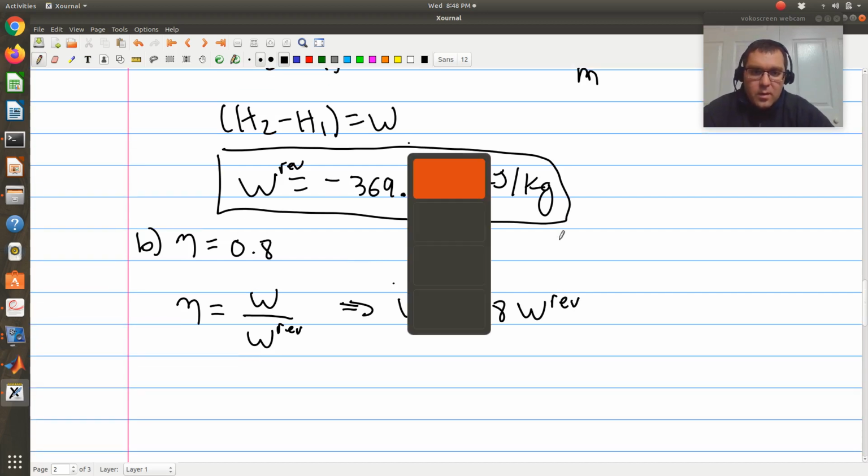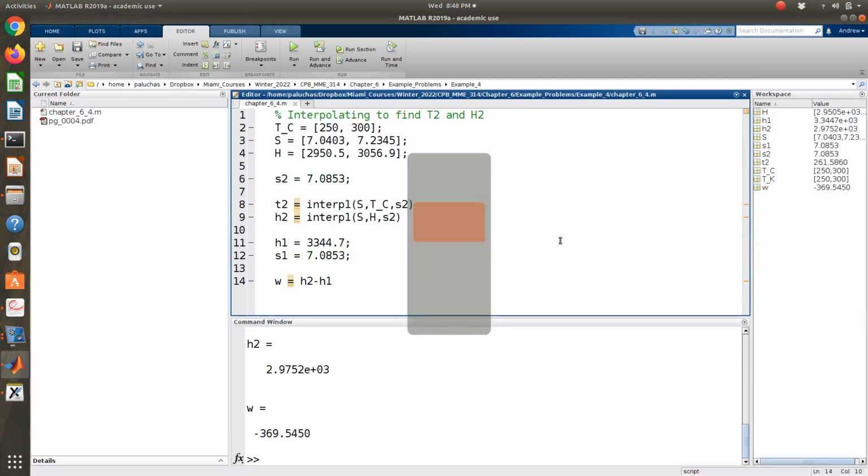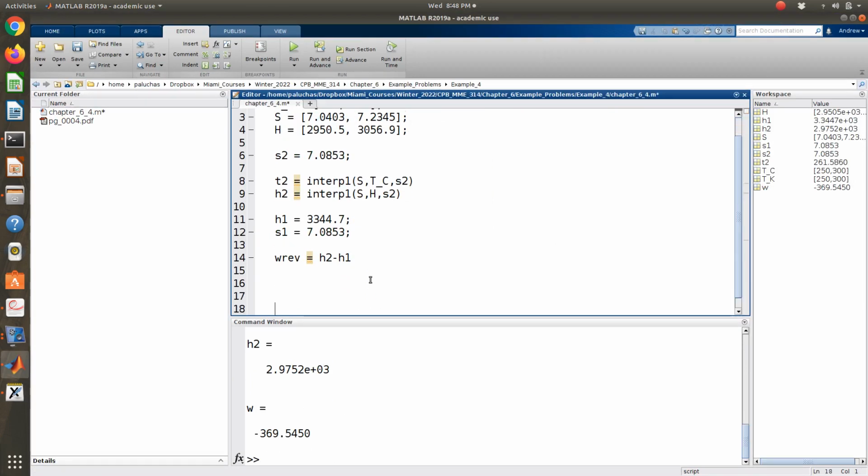So back here, I'm going to update that to call it W rev. I'm going to create my efficiency, 0.8, and my actual work is my efficiency times my reversible work.